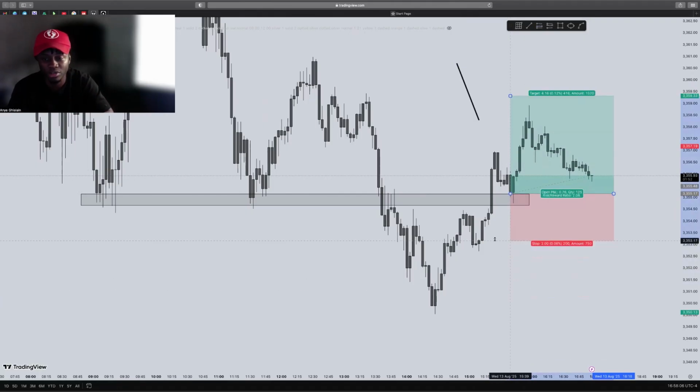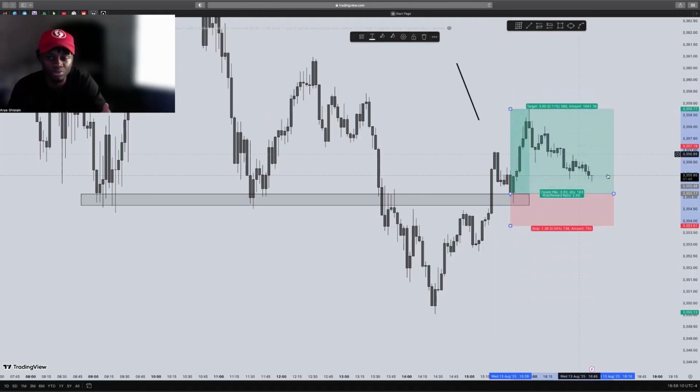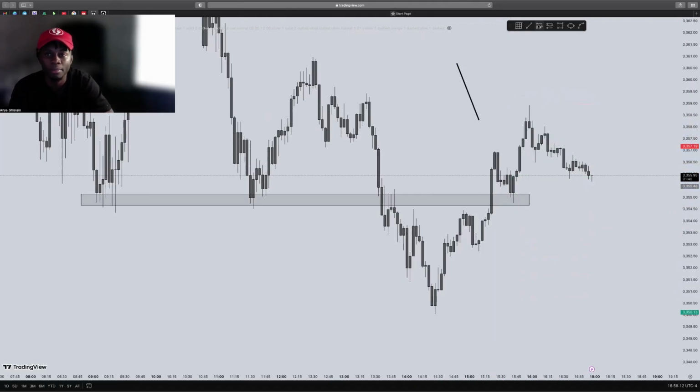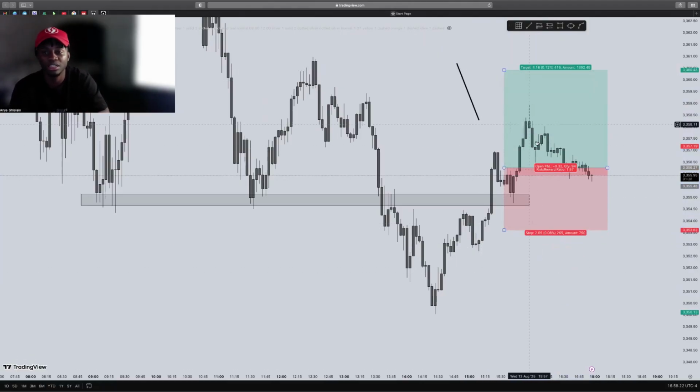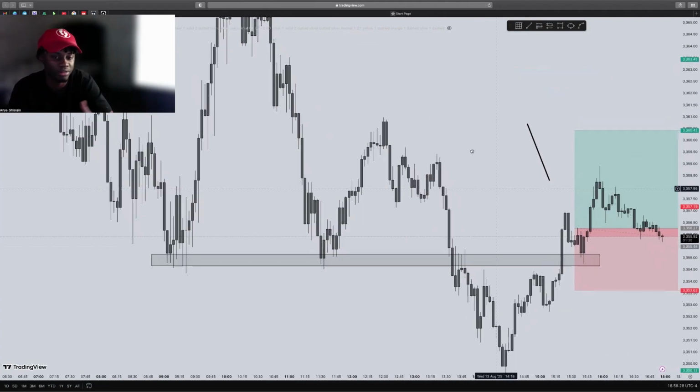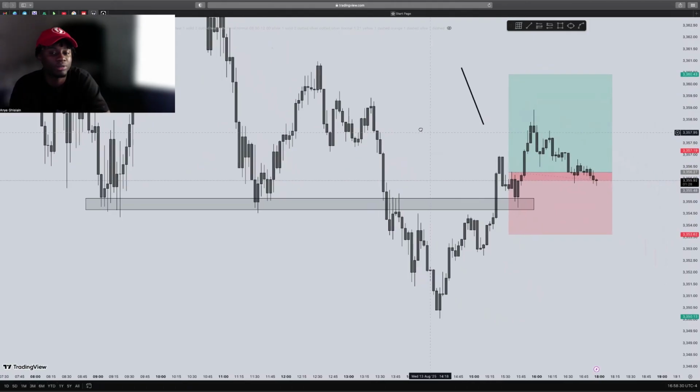So this is where my entry was supposed to be. If my entry was here, my stop loss would have been here. I'm looking for like 2%. I would have made 2% on this trade easily. But since I was late, I entered around here. Can you imagine? That's a very bad entry already. And then my stop loss was just a disaster. So when price was pushing up here, I didn't really expect price to go down much because structure has not really shifted bullish.